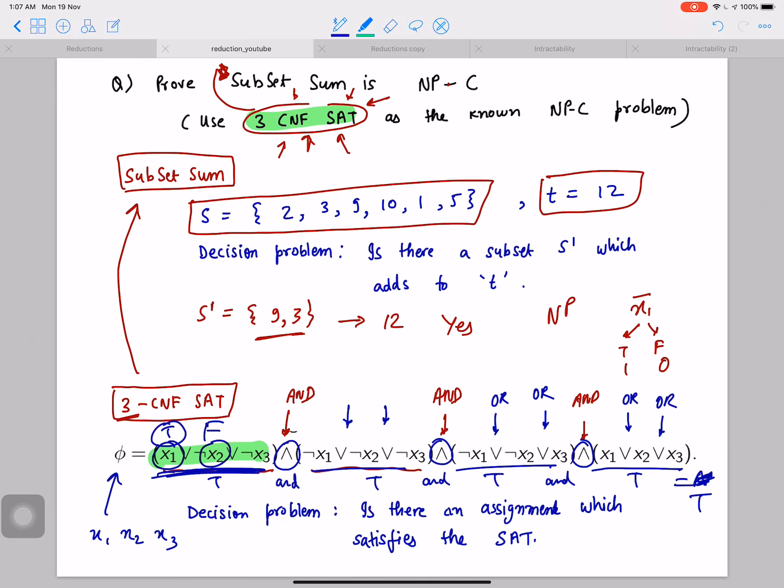Now, given a 3 CNF SAT problem, I want to reduce it to a subset sum problem, which sounds pretty insane, because from this weird equation, I want you to find a set of numbers and a target value.